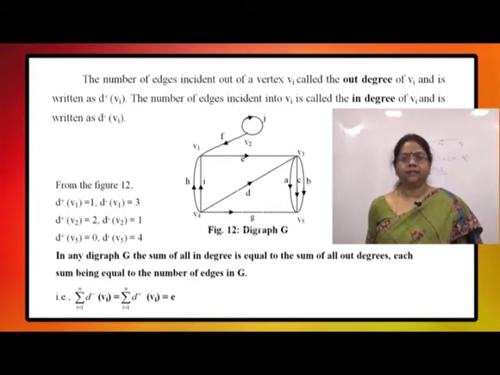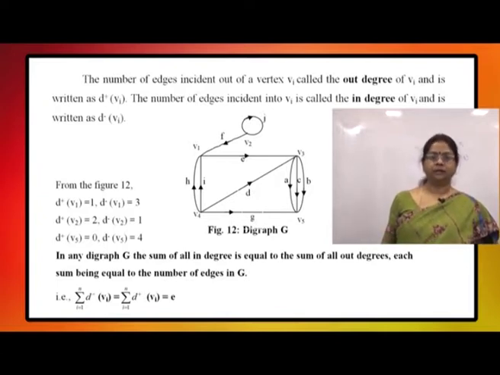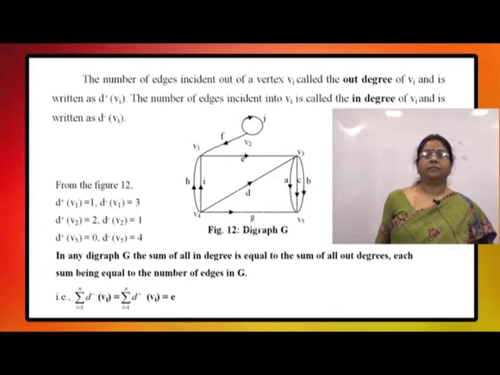Every edge is assigned to a direction, and here we can see that in vertex V1, some edges are coming out of V1 and some edges are coming into V1. To differentiate these two phenomena, we call this as out degree of V1.